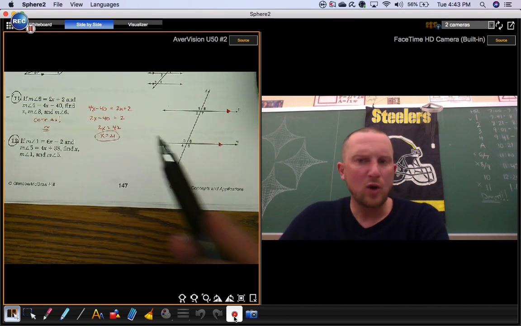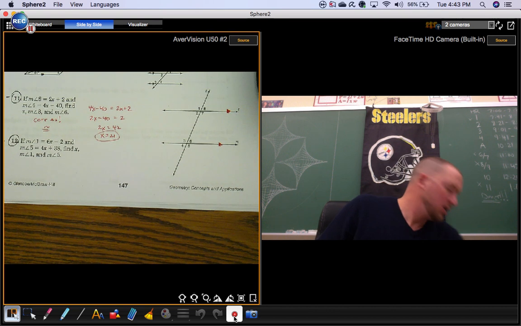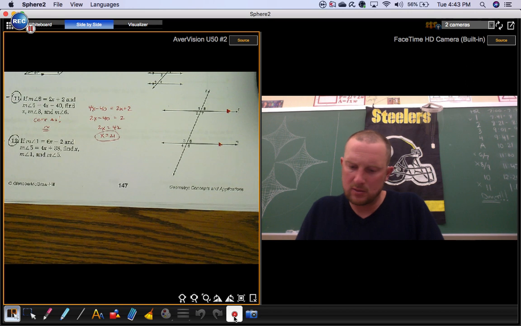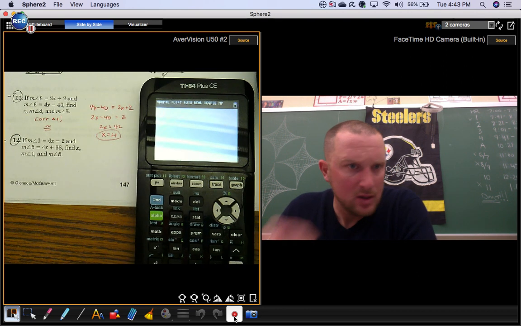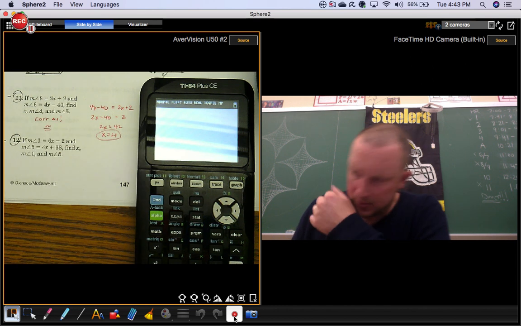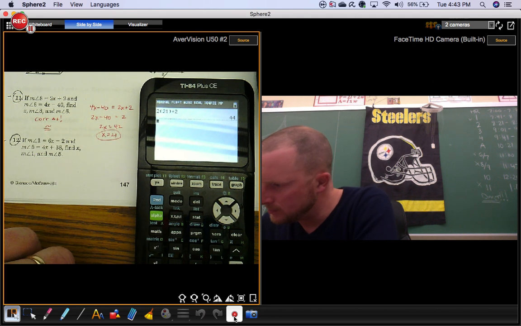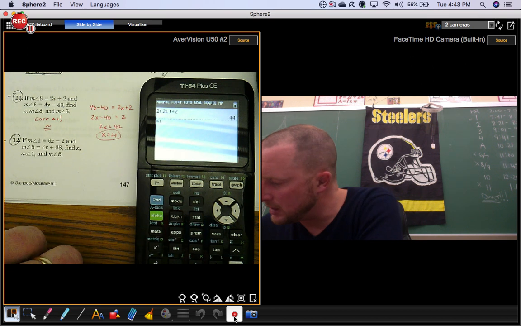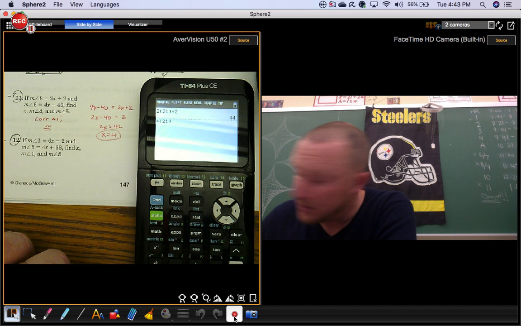Just because you know x doesn't mean you know the angle measures. The angle measures are not 21 degrees. What you do is you get a calculator and you plug that x value in. So we know that angle 8 is 2 times 21 plus 2, and we know that angle 6 is 4 times 21 minus 40.